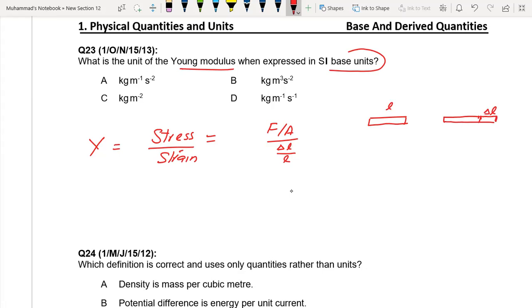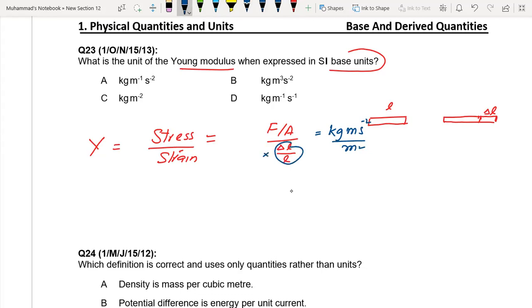So strain has no unit because change in length is measured in meter, and length is also measured in meter. So this has no unit. Now, Newton in SI base units is kg m per second square, over this meter square. This term has no unit.